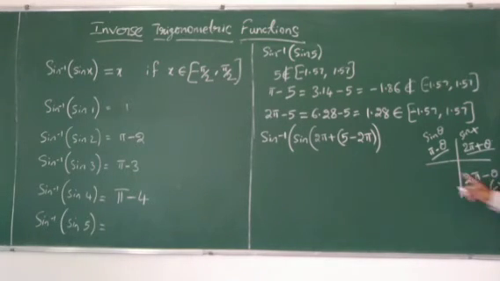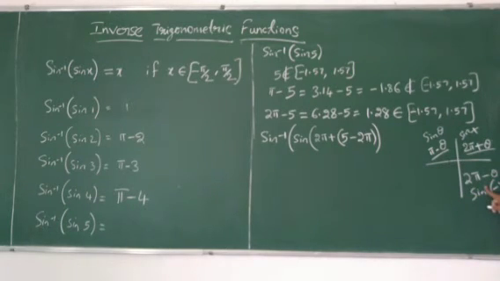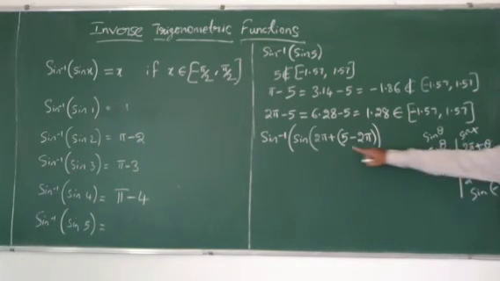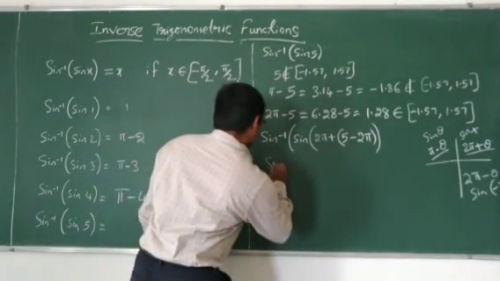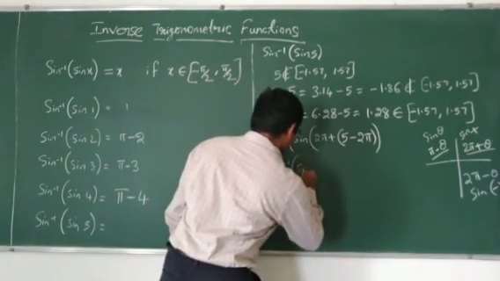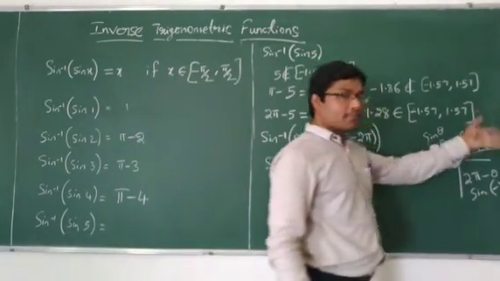If I take 2 pi minus theta instead of 2 pi plus, I get negative. So I do not consider this negative term. Because I need a positive term, I will take this plus. So sine inverse of sine 2 pi plus theta, which comes in first quadrant, all are positive.